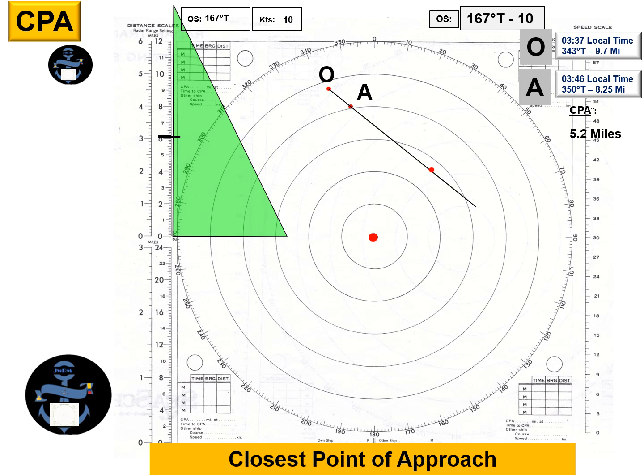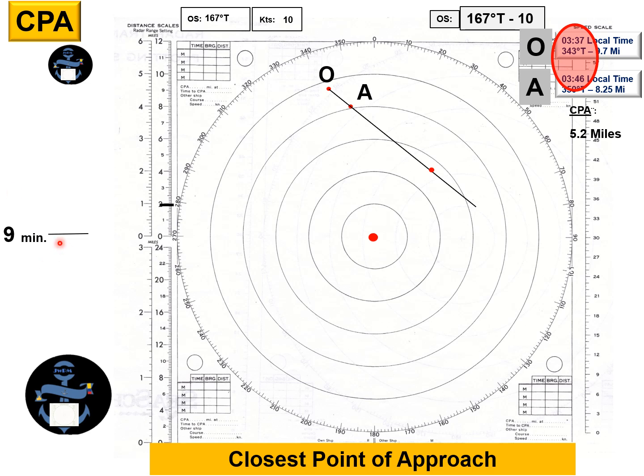Remember, I got 9 minutes from O to A, so I can say if the vessel took 9 minutes to travel 2 miles, how long will it take to travel 6 miles?